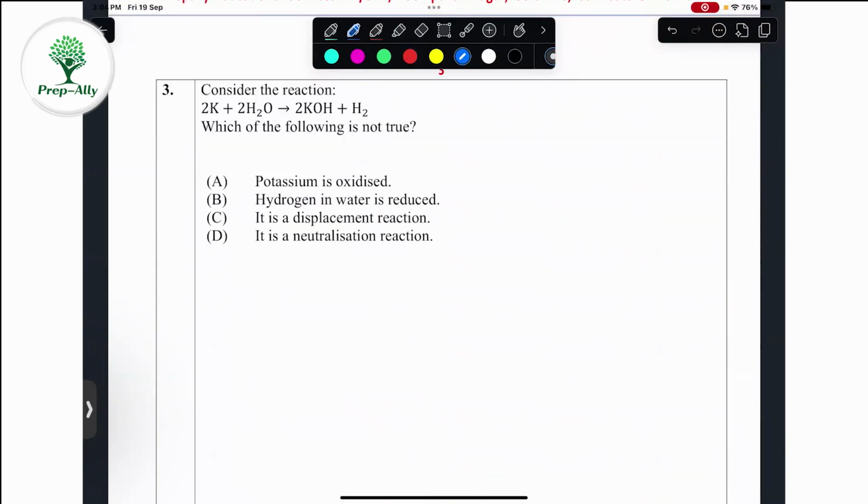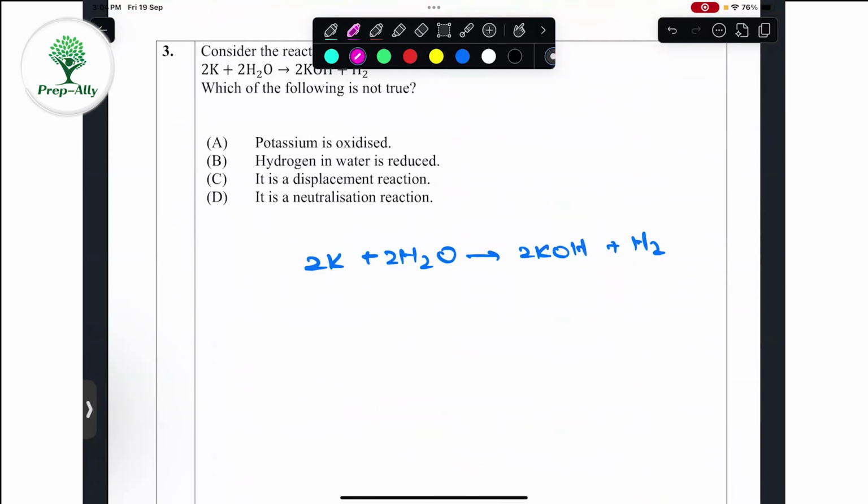And this one. Now again I have a reaction, 2KOH plus H2. What is happening here? What is happening to potassium first? Potassium is in metallic state, which means it has an oxidation state of 0. It is getting converted into K plus ion.